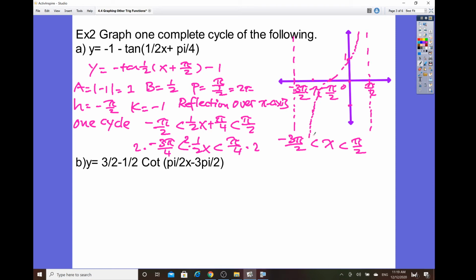And then with the vertical translation, it's 1 unit down. Okay, so negative pi over 2, 1 unit down is right here. Then 1 unit down, so this one all the way down to negative 2. Try to extend this one a little bit further. Again, this one is just another parent graph without the reflection, so it's still considered dotted.